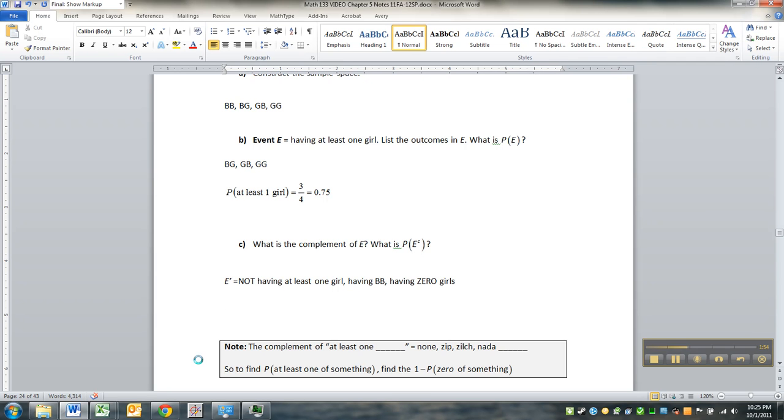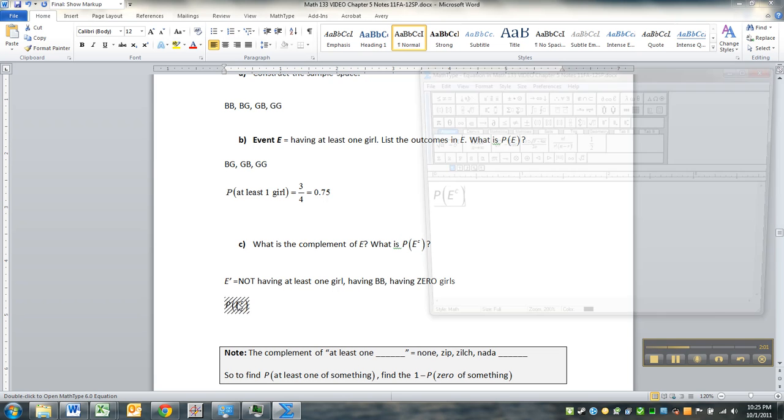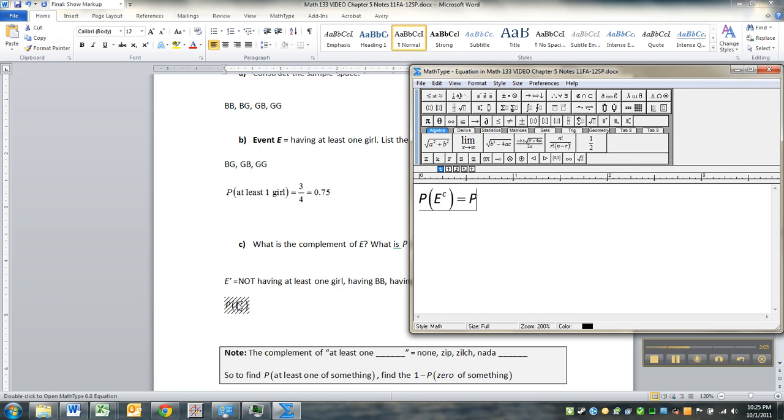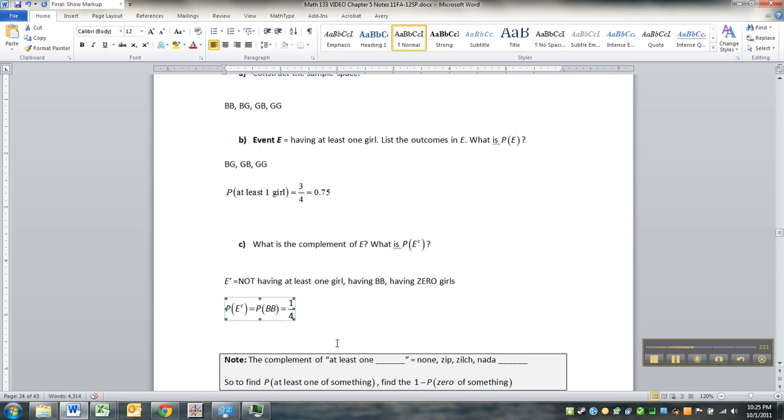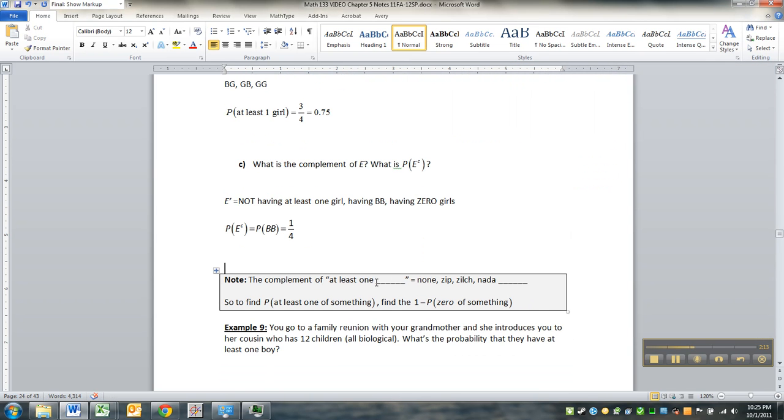And the probability of E complement would be equal to the probability of boy-boy, which is 1 out of 4. Cool. So the complement of at least one of something, I just left the blank in for something, right?